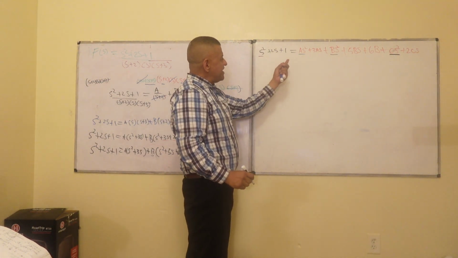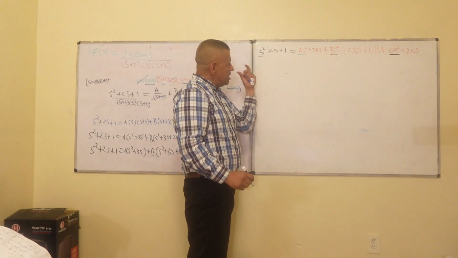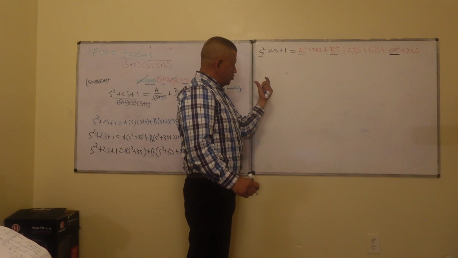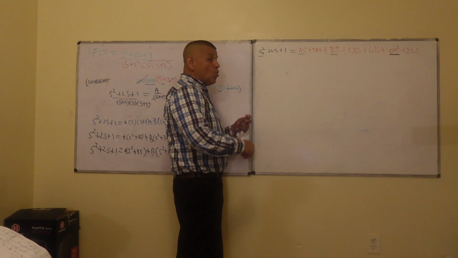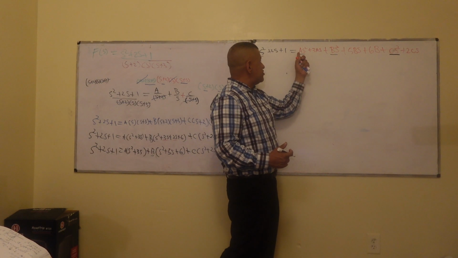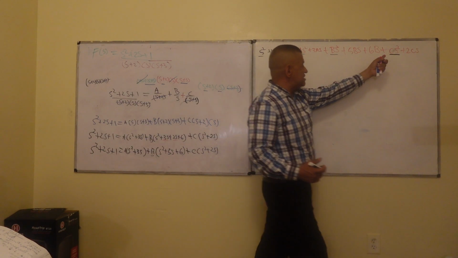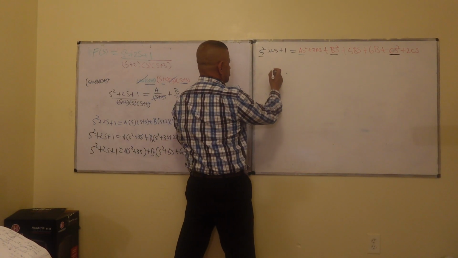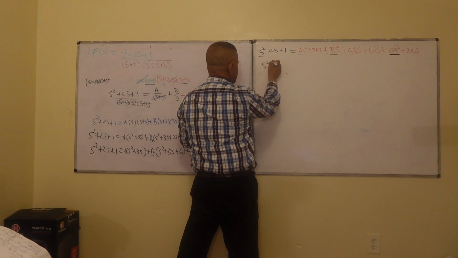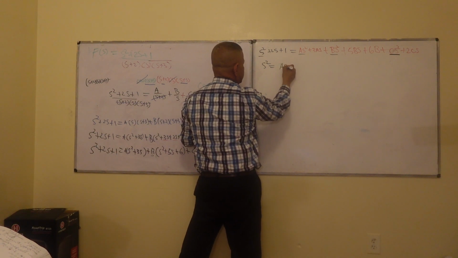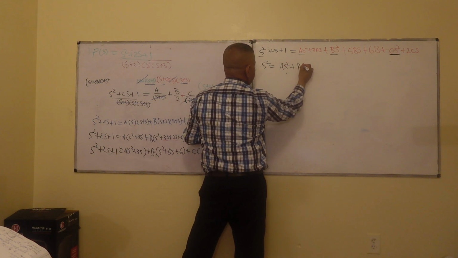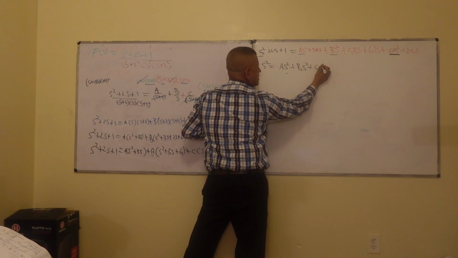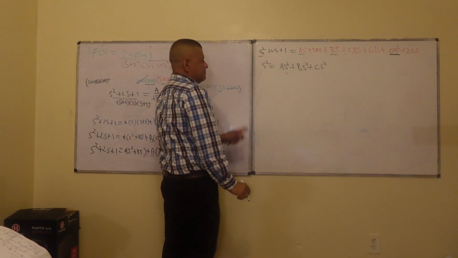So I need to equate all my s squared on my right to my s squared to my left, along with the coefficient. The coefficient is A, B, and C in this case. So equate this, so I get s squared is equal to As squared plus Bs squared plus Cs squared. That's my first equation.